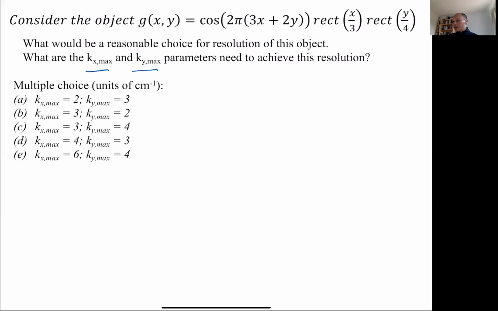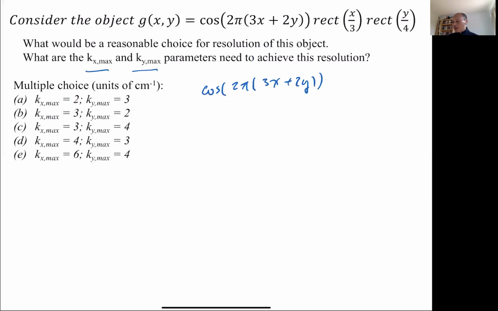All right, so let's think about this. First of all, we can look at this as a cosine of 2 pi times 3x plus 2y. Okay, so let's look in the x direction.